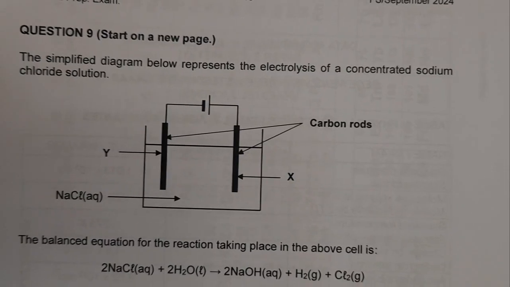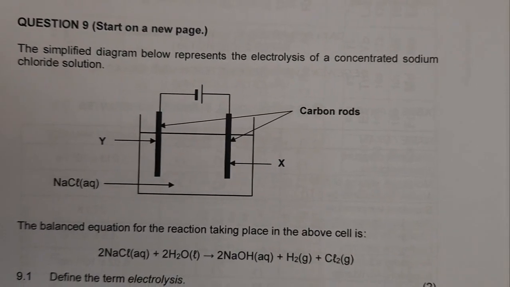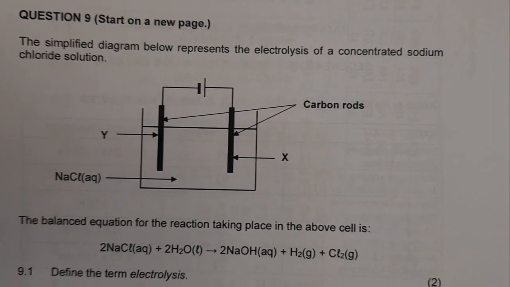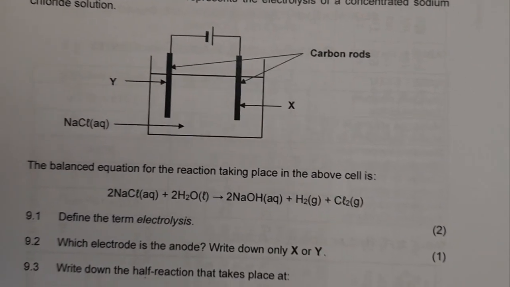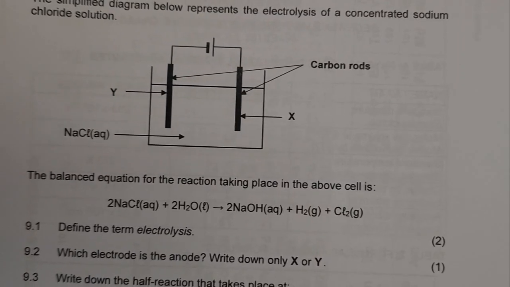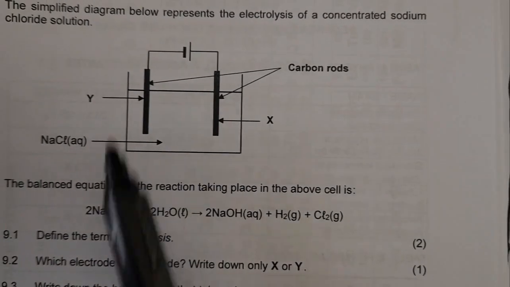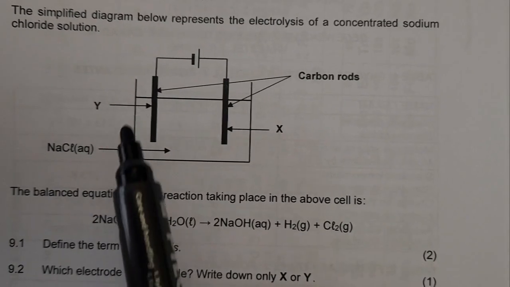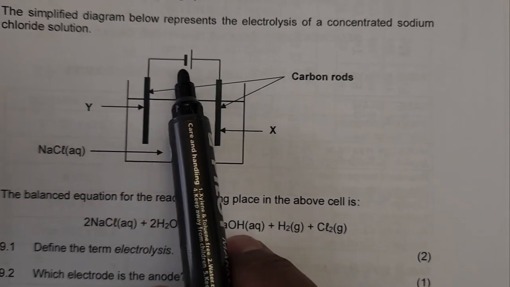The simplified diagram below represents the electrolysis of a concentrated sodium chloride solution. We can analyze this before even answering the question. Look at positive and negative.